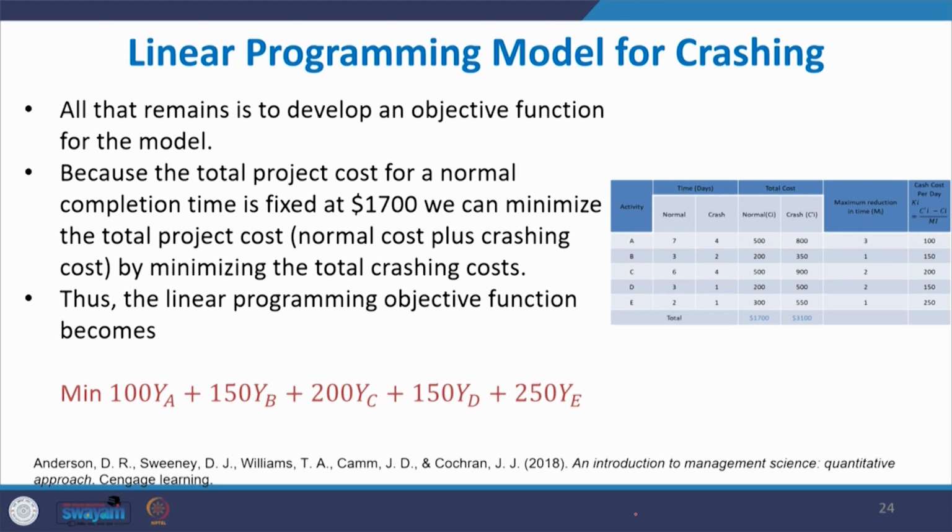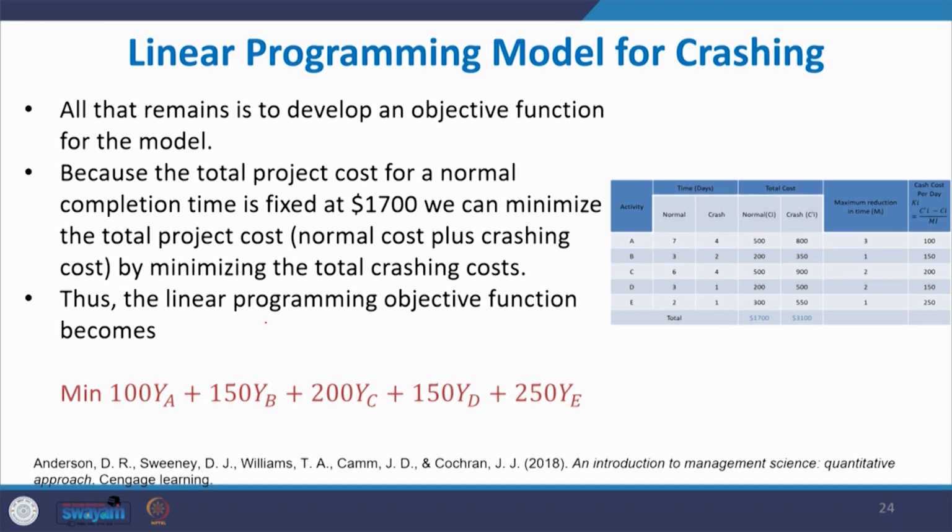Now, we have to formulate the objective function, because the total project cost for a normal completion time is fixed. How much? It is $1,700. We can minimize the total project cost, that is normal cost plus crashing cost, by minimizing the total crashing cost.